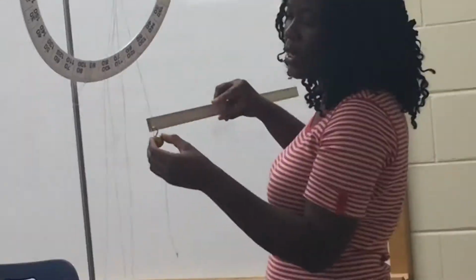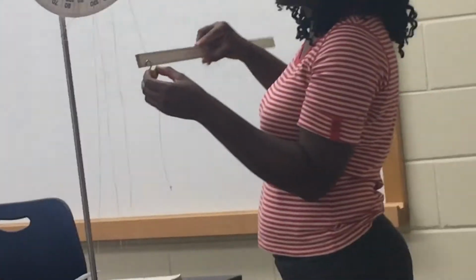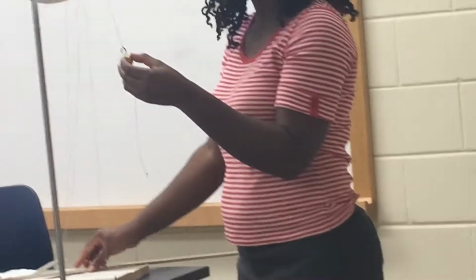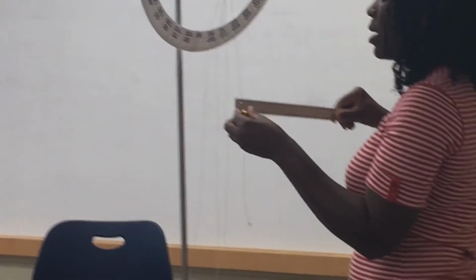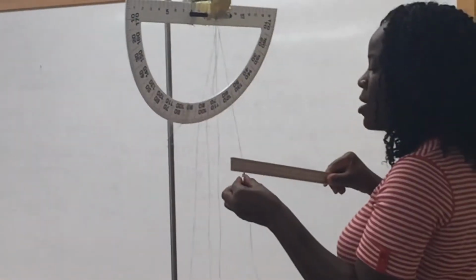I'm going to displace the pendulum bob 3 centimeters because 1/10 of 30 is 3. Let me do that again. So here we have the pendulum in its equilibrium position, and I'll go ahead and displace it to 3 centimeters.